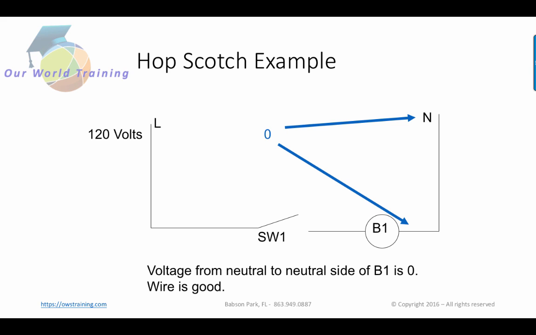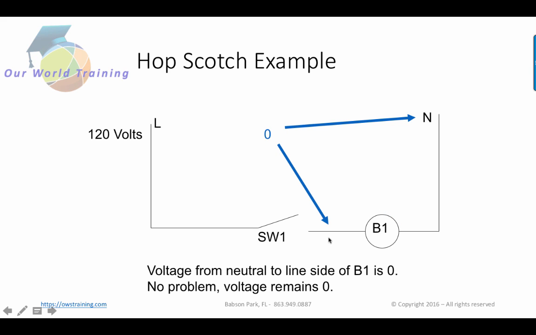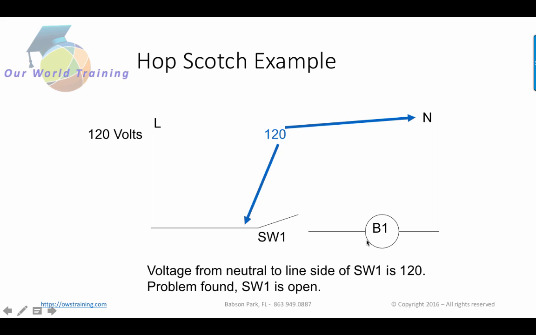That's fine. Voltage from neutral to the line side of B1, 0. Voltage remains 0, again, non-powered load. It's not working. Then we go from neutral to the load side of switch 1, which is 120 volts. Problem found, switch 1 is open. Again, you have to remember, voltage across an open switch is 120.